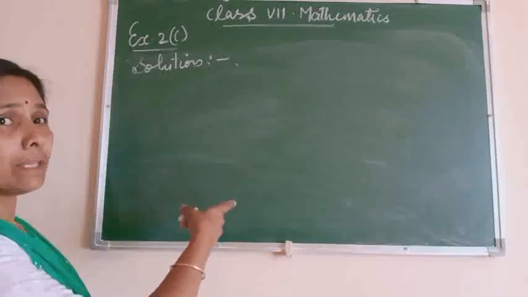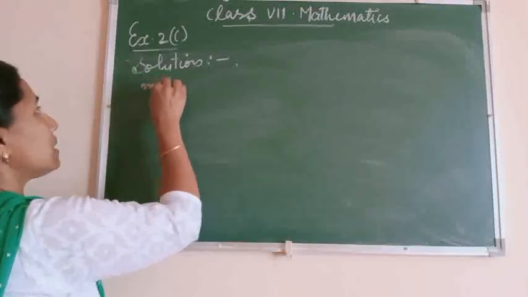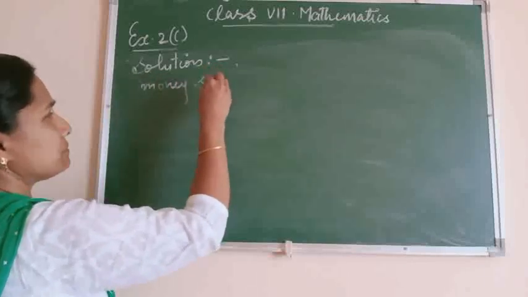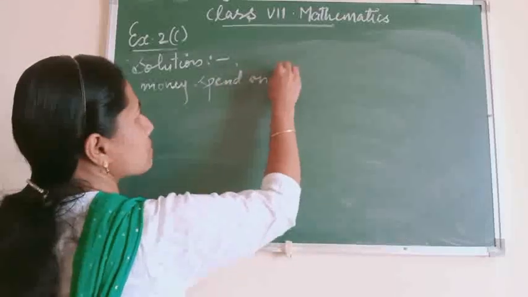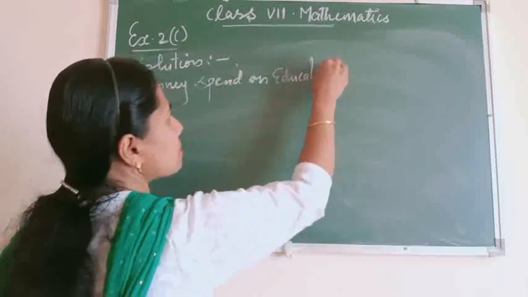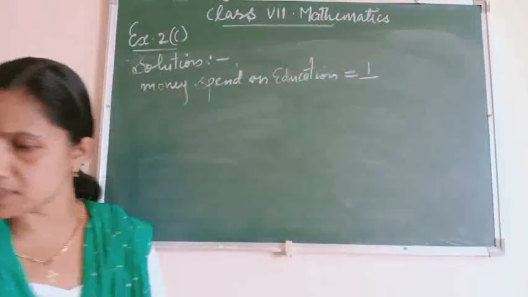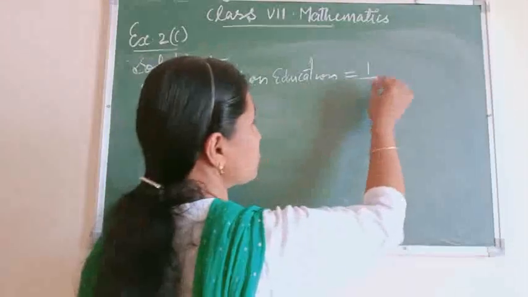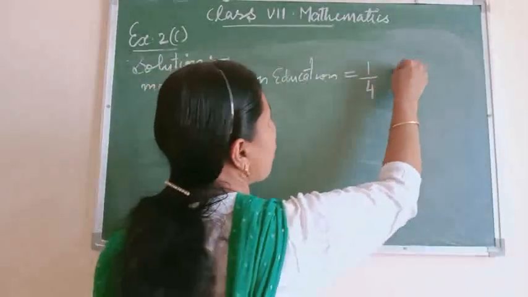After getting the remaining money, we will find the money spent on education. Money spent on education is 1/4 of the remaining money.